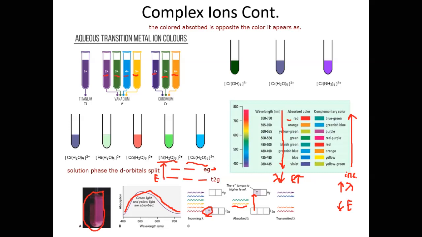Now let me show you something here. Zinc. Say zinc 2+. As you learn in lecture, zinc 2+ is argon 3d10.